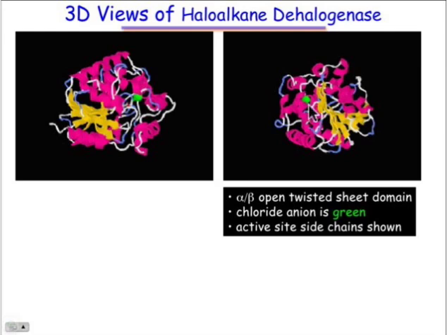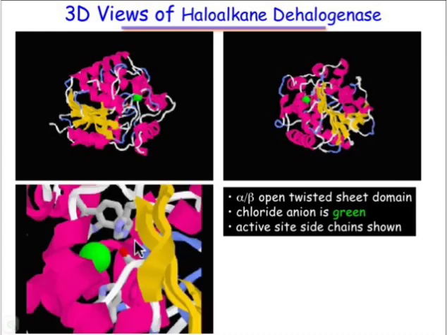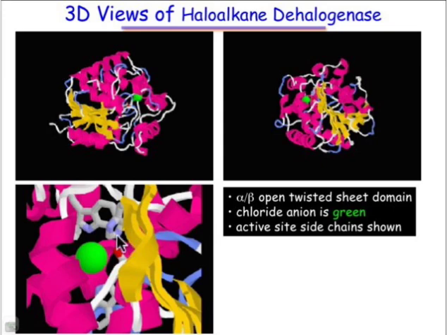Here you can see the enzyme active site. The chloride atom is shown in green, and what we're going to do now is zoom in and look at where those active site side chains are. So you can see the histidine group there, there's the tryptophan, that's the aspartate group, and there's the chloride atom that's already been displaced in the enzyme active site.